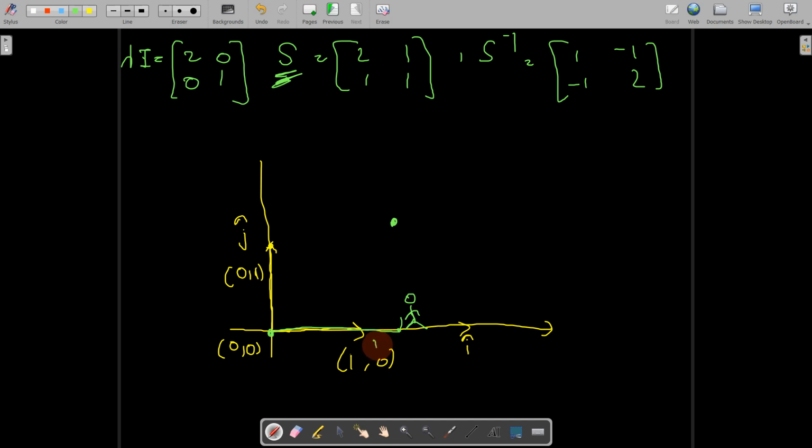Suppose you moved x units along the i cap direction and then y units along the j cap direction. So the coordinate of this point becomes x, y, and you are measuring the distances from this original yellow i cap and yellow j cap.